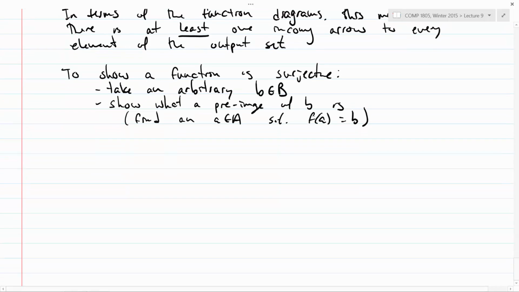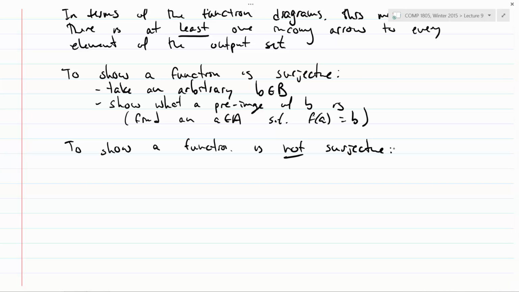Okay, so let's talk about how to show it's not. So to show a function is not surjective, all you have to do is give a b such that no input leads to b as an output.